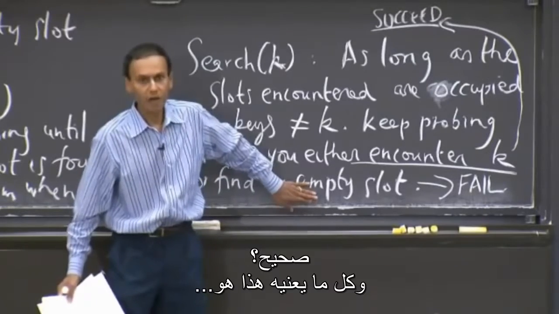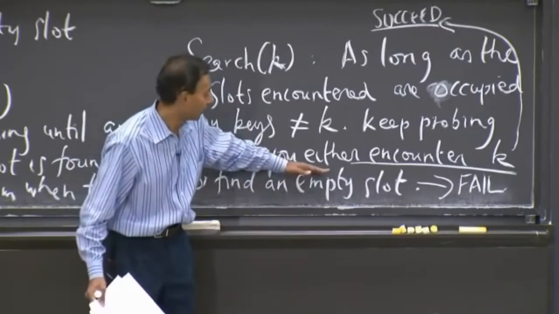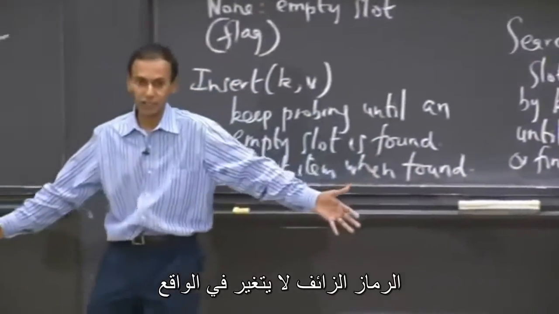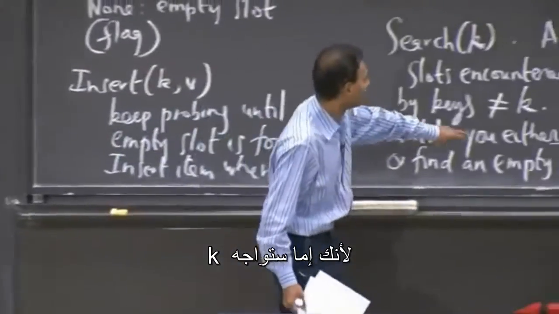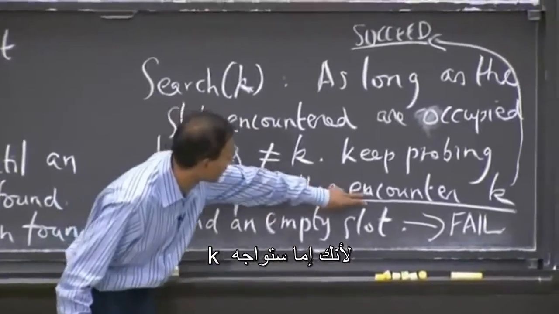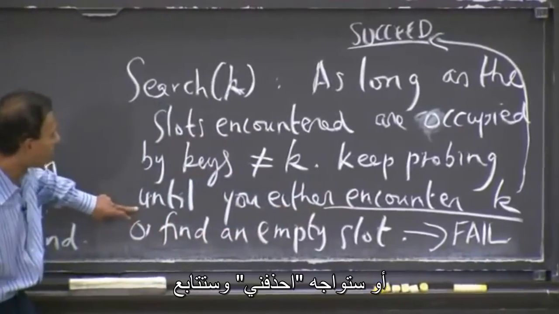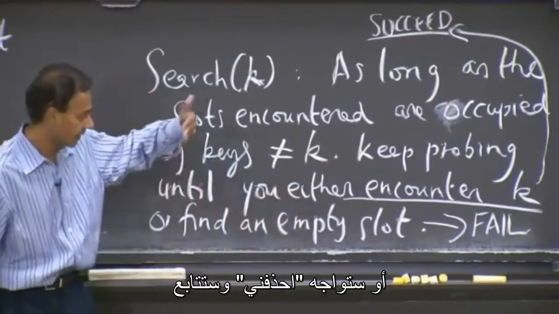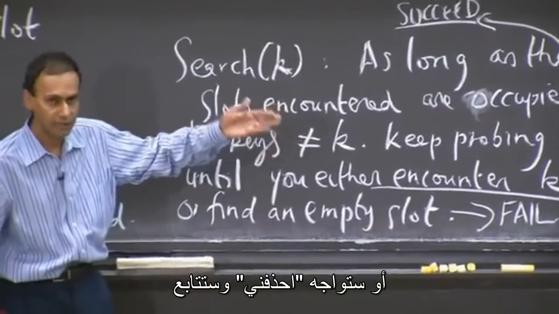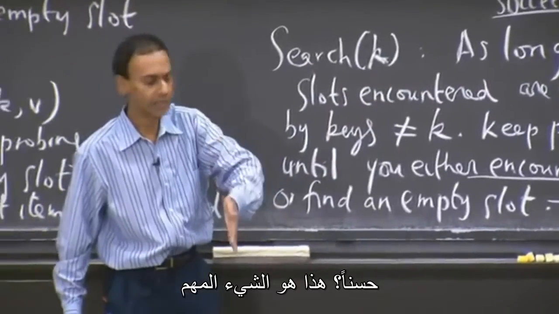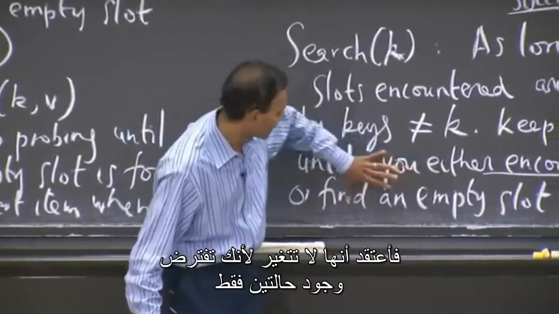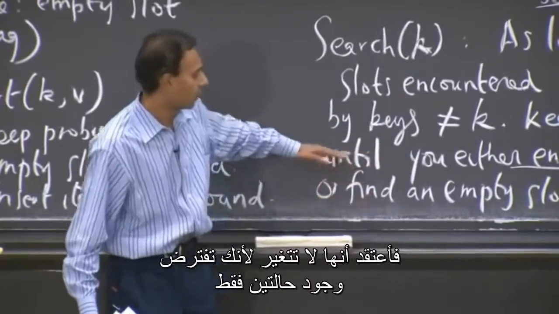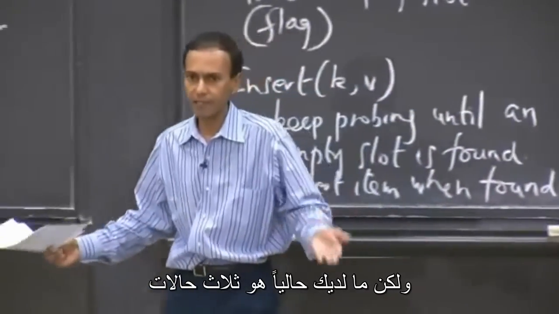Actually, in some sense, this pseudocode doesn't really change, because you'd either encounter K or, even if you encounter a delete me, you keep going. That's the important thing. So I guess it does change, because I assumed you have only 2 cases here, but what you really have now are 3 cases.